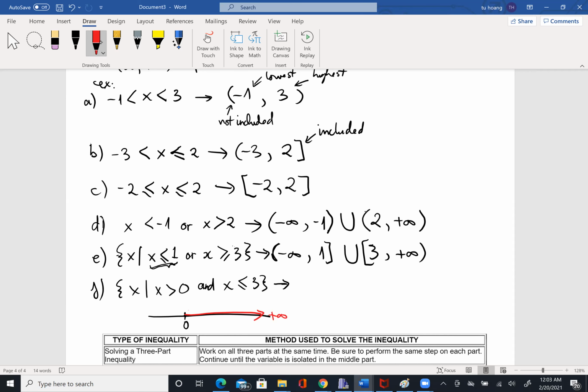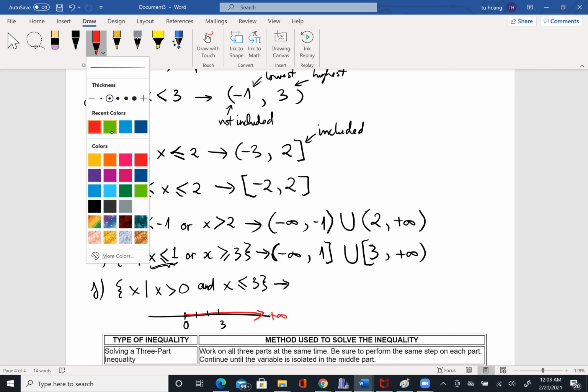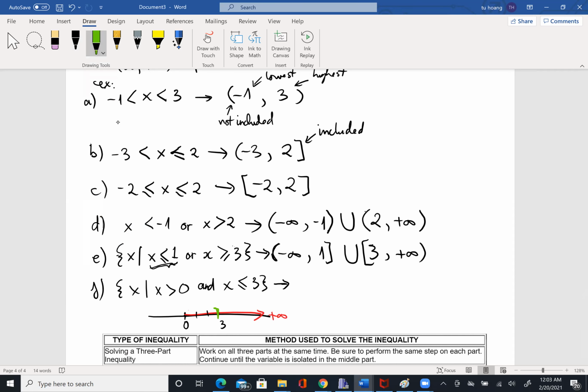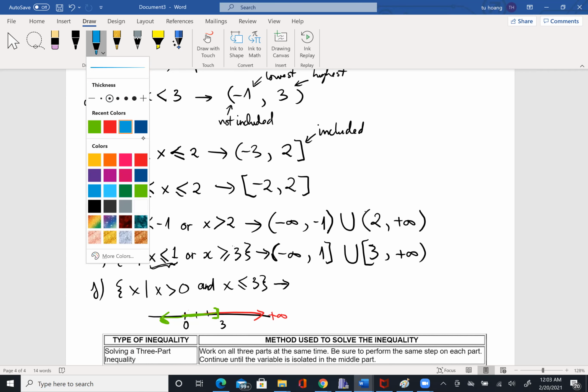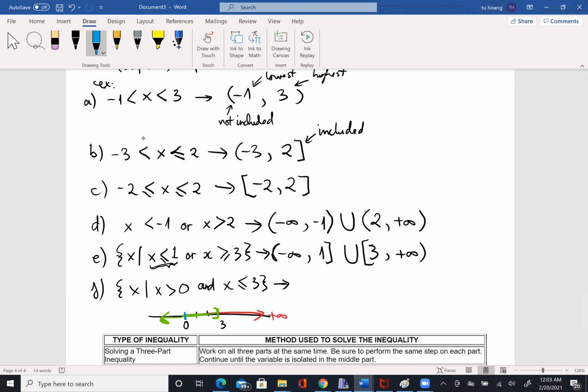Then you have 1, 2, 3, 3 is here, and for 3, x is less than that, so from 3 you go down to negative infinity, right? So the intersection should be this part, the middle one, and it does not include the 0.